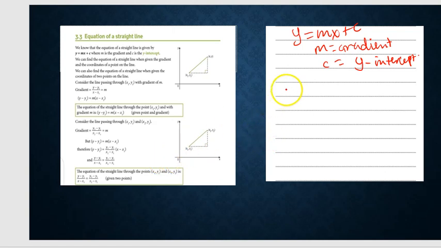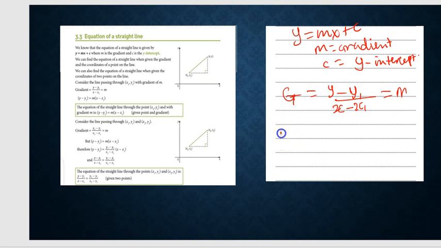We can find the gradient using the formula I introduced earlier: y minus y1 divided by x minus x1 equals the gradient m.